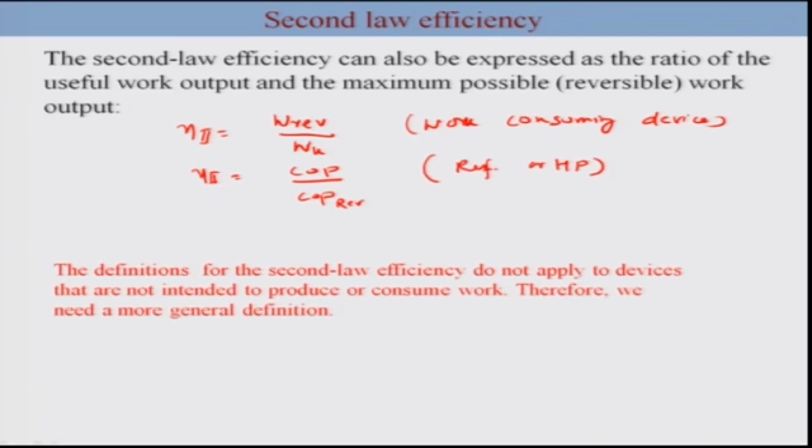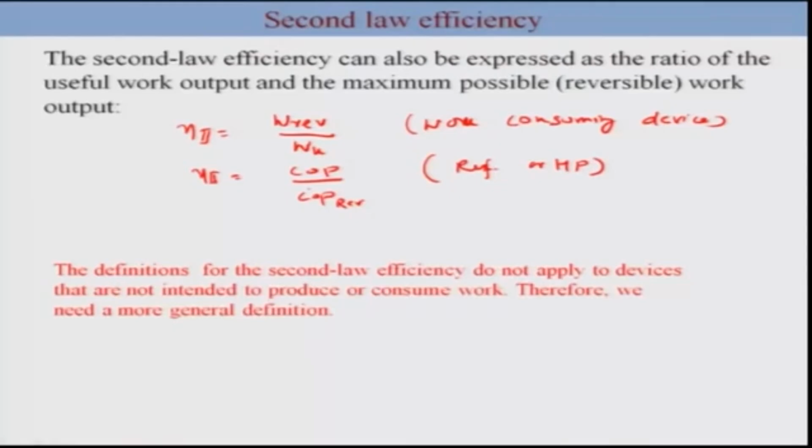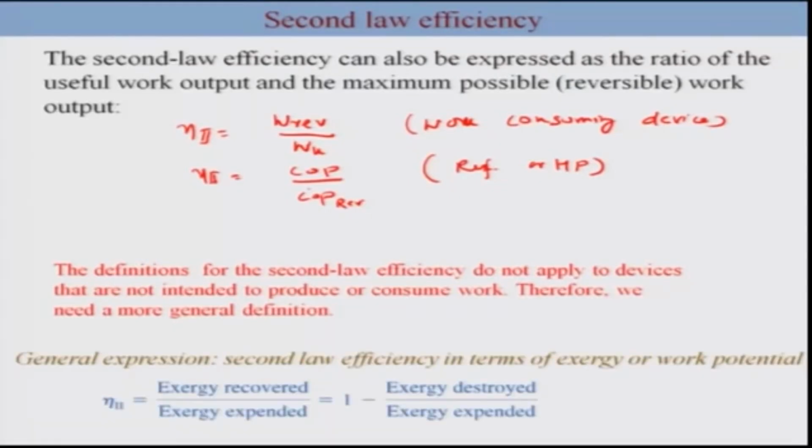Now, this particular definition clearly indicates that these are either for work producing devices or work consuming devices. However, what we want is a definition which is generic in nature, that means it need not be confined to work producing or work consuming devices. Therefore, we need a more general definition, and it will be in terms of exergy or work potential.